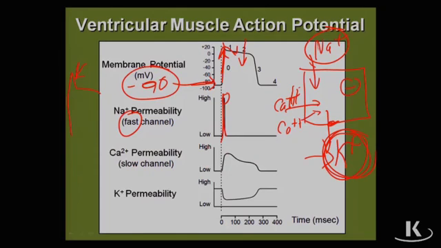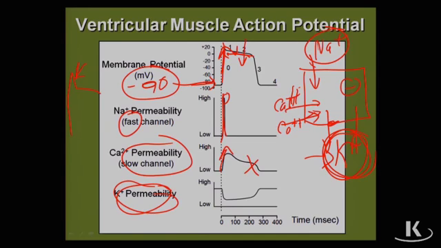Because the calcium is going in, that's what the plateau phase is about. The potassiums are leaving, but the calciums are going in: plateau. Then the calcium channels shut off. You notice when the calcium channels shut off, the thing starts becoming completely negative again.